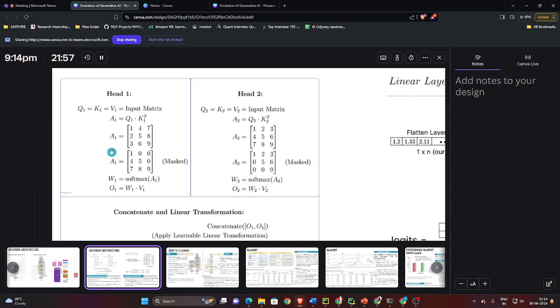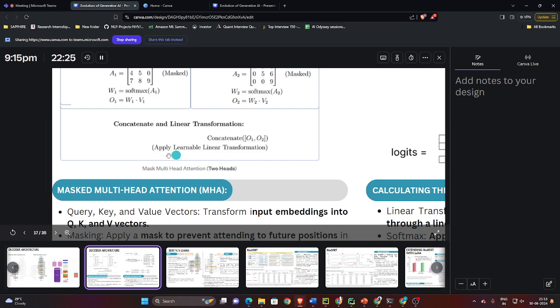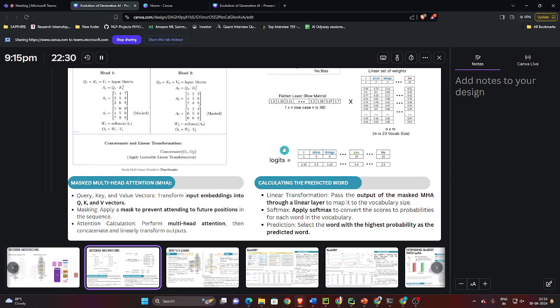And over here, once we put the masking, it essentially means taking some elements present in that vector and bringing them down to 0, so that there's a mask, like a single cloth that acts as a garb over that particular element. Then we go to O1 equal to W1 dot product of V1, and every one of these heads is then concatenated. Apply a learnable linear transformation, and it's a masked multi-head attention with 2 heads.